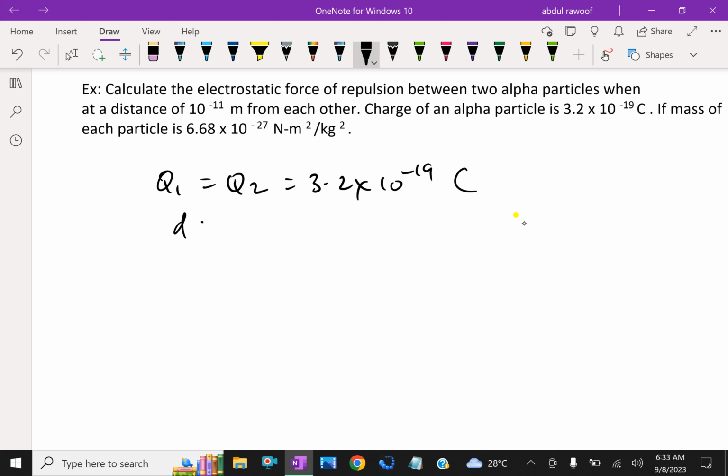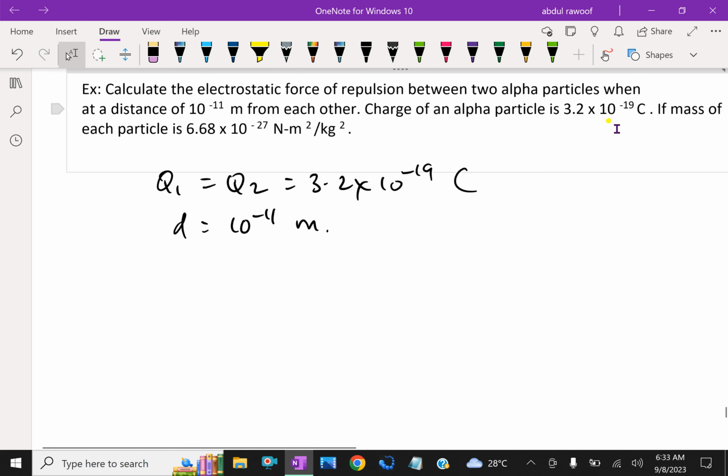It's not 12, it's minus 19. The distance d equals 10 power minus 11 meter from each other.